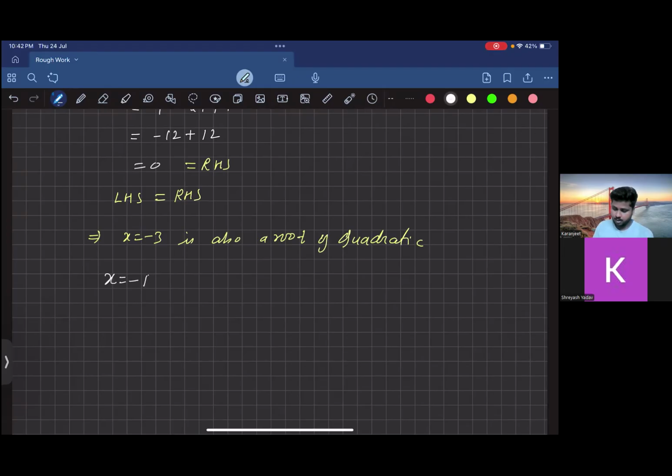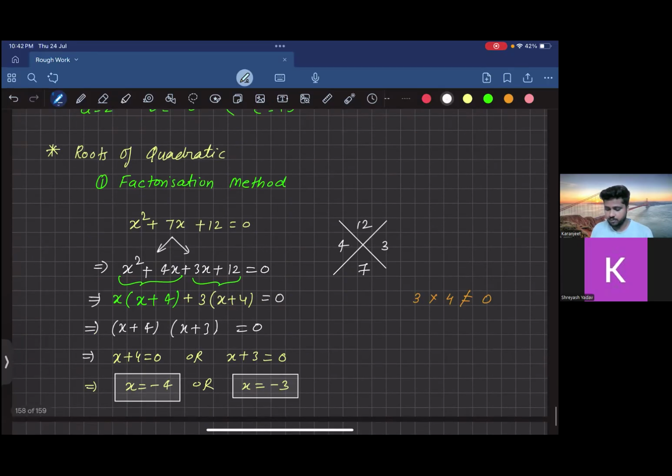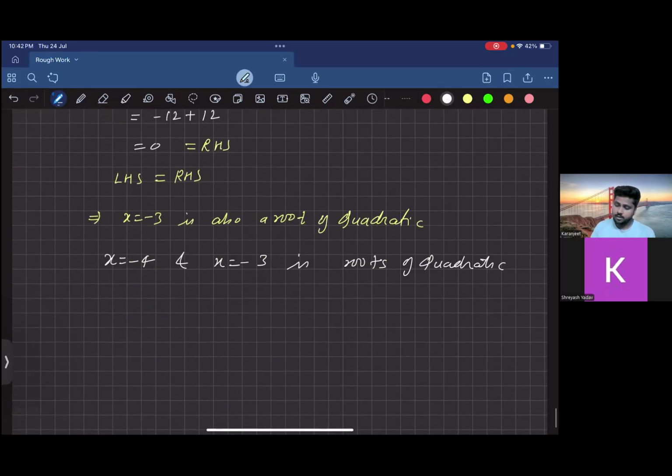Clear? So x is equals to -4 and x is equals to -3 are roots of quadratic. Clear? Any doubt to anyone? So this is the method how we will find out the roots of the quadratic.